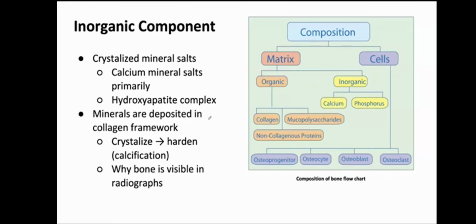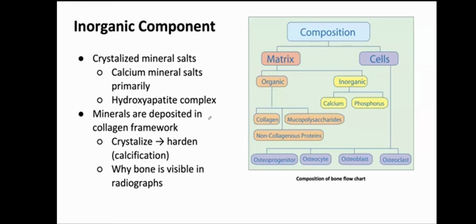And inorganic components consist of calcium minerals, hydroxyapatite complex and other minerals, which form a framework around the collagen, isn't it? It crystallizes and forms hard bone, which makes the bone hard.